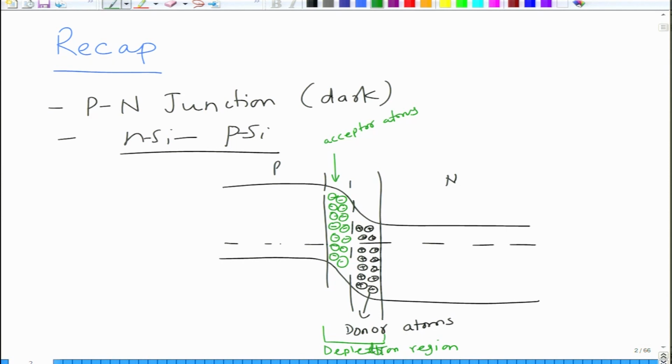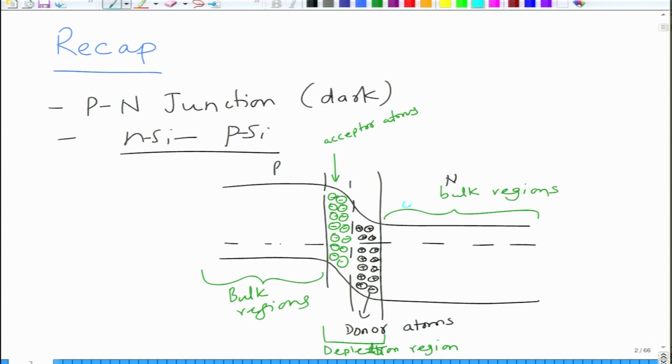Depletion region, which means that it is depleted of any free charges, whereas the regions where the bands are flat are called bulk regions. You still have excess carriers on both sides.